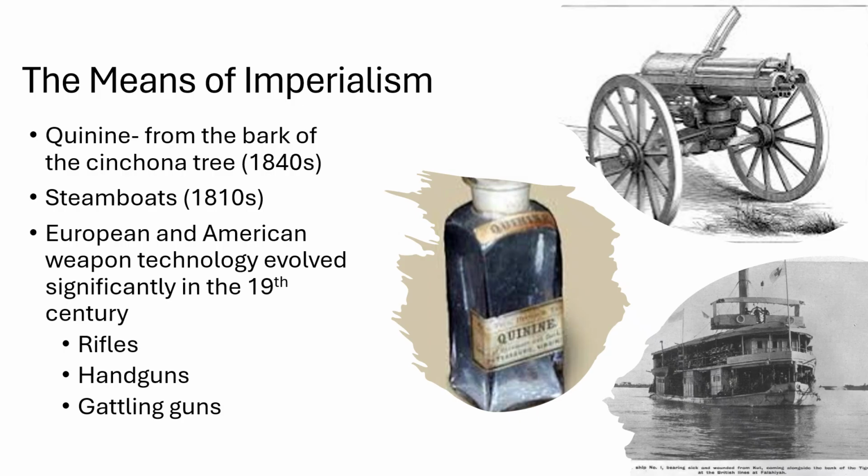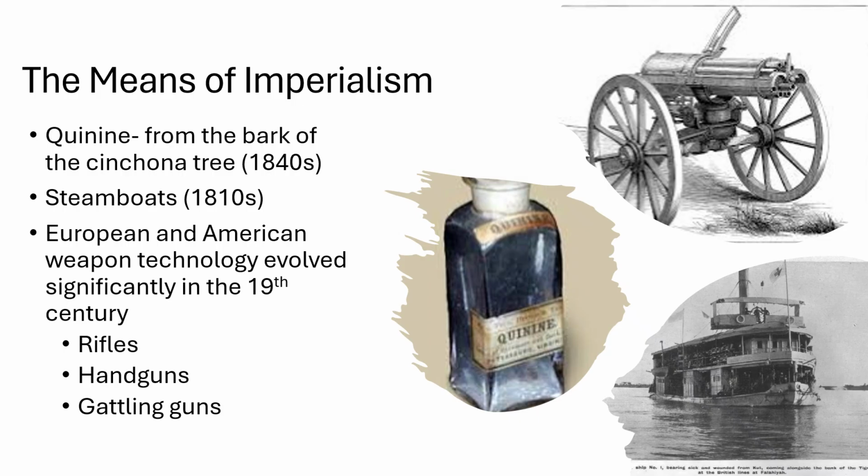And that stopped a lot of people from going into those places because oftentimes people would get sick and die. And they knew that. And so when quinine comes about, this allows Europeans to have at least some bit of resistance to malaria and allows them to, for example, venture deeper into the interior of Africa.